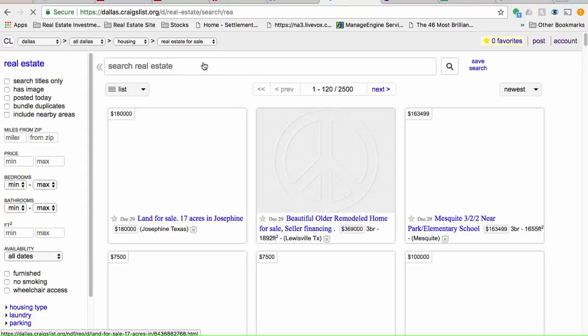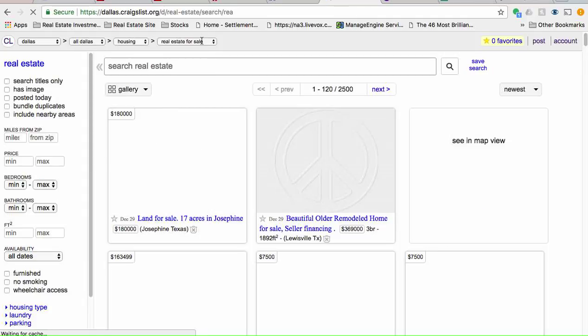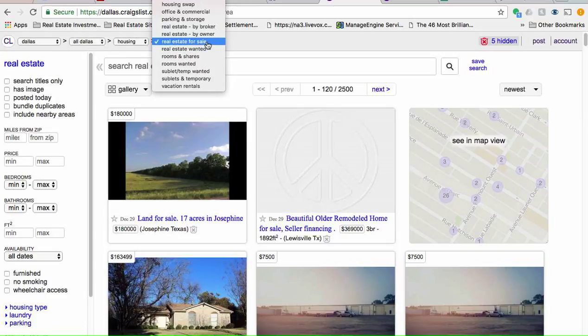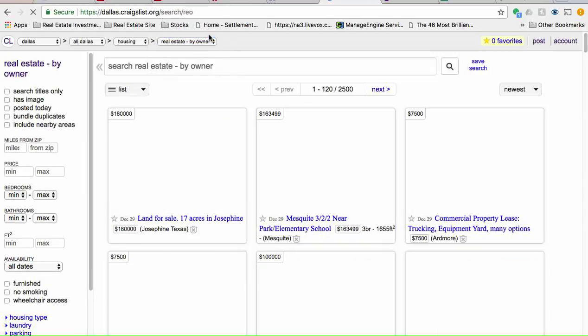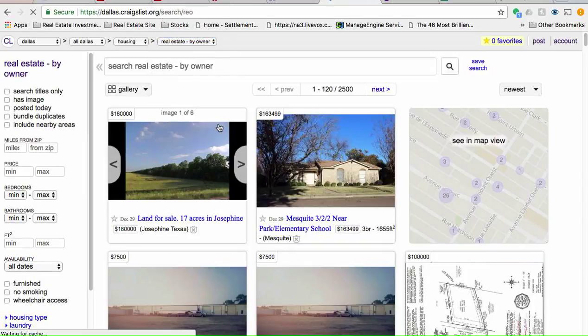Once you've clicked on real estate for sale, you want to make sure that you switch this tab right here to real estate by owner, because we want to get to the person who actually owns the property. We don't want to go to the realtor.